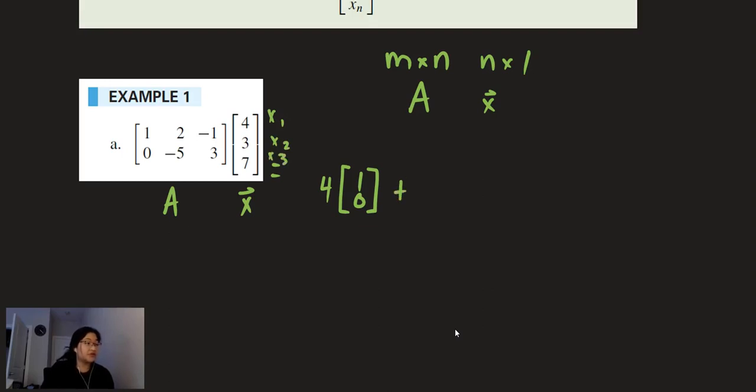So we have 4 times (1, 0), 3 times (2, -5), and 7 times (-1, 3).